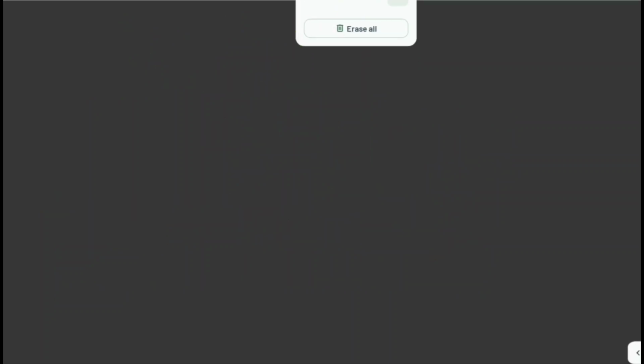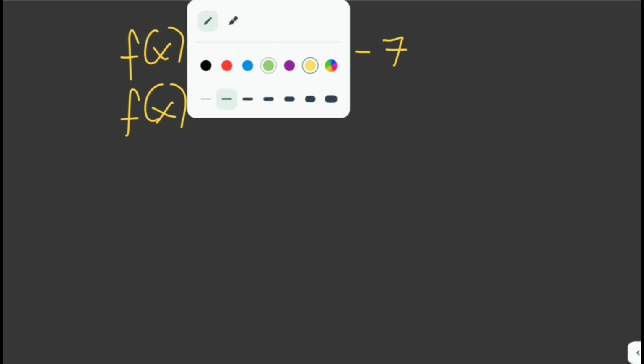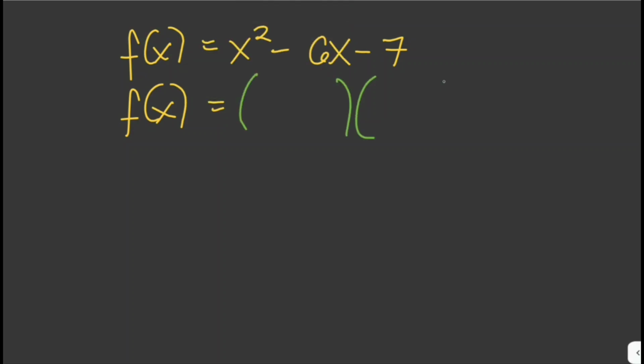Let's try another problem. What if we're given f of x equals x squared minus 6x minus 7? Now we can factor x squared minus 6x minus 7. We look for factors of 7 that when we multiply them, it would equal negative 7, and when we add them up, it would equal negative 6.